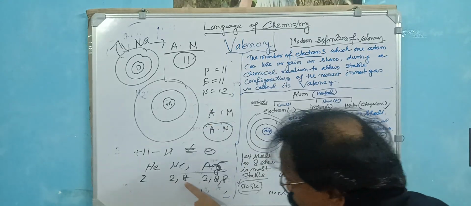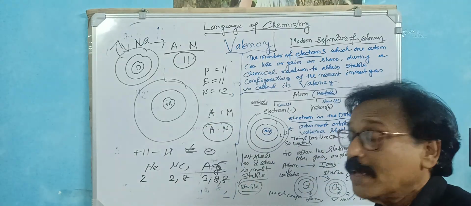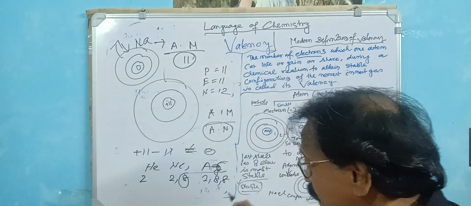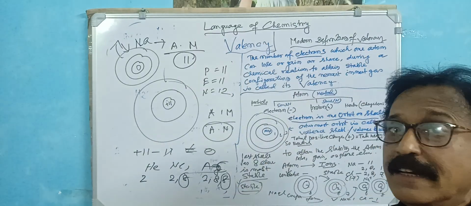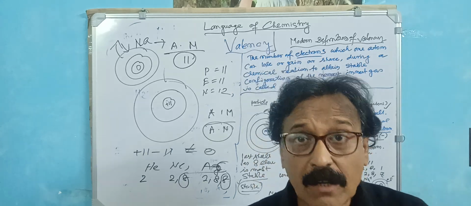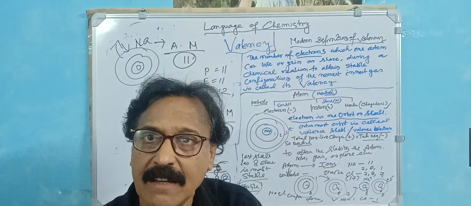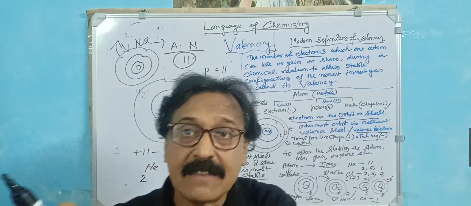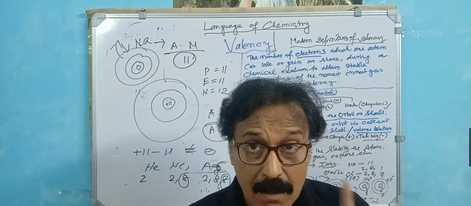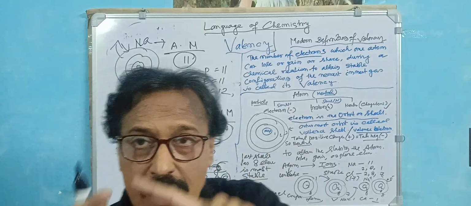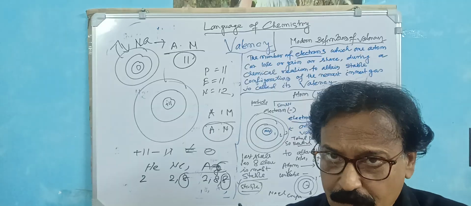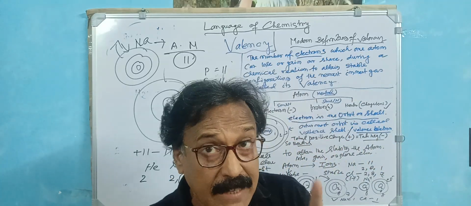But in the others the last shell is always 8. In the case of neon, atomic number 10, and argon, atomic number 18, the last shell has 8. Only when 8 electrons are in the last shell is that the stable condition. Very important, understand this well. In the electronic configuration, any element where the last shell has 8 electrons is stable.